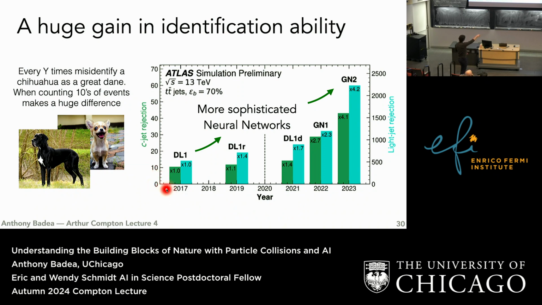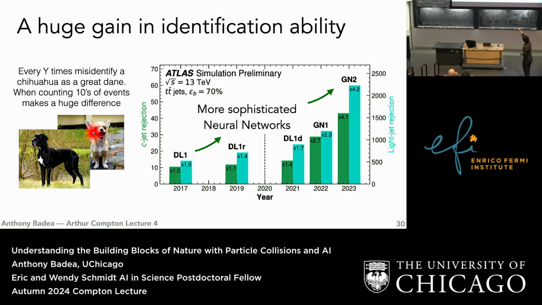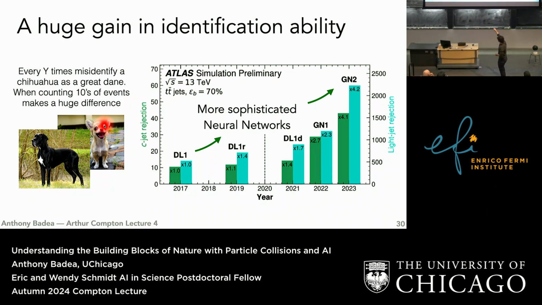The scale here is that 0, in some arbitrary units, is the rule-based decision making, where you just do yeses and nos. And then each of these are ever more sophisticated neural networks. The y-axis here is your ability to reject background. The way you can think about this is, if you want to identify Great Danes and your background is a bunch of cute chihuahuas, every time you see a chihuahua, what's the probability that you misidentify it as a Great Dane?